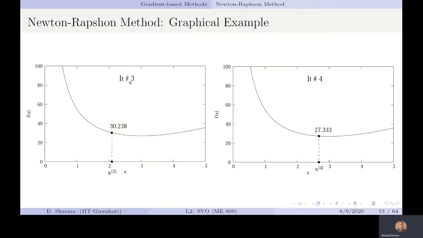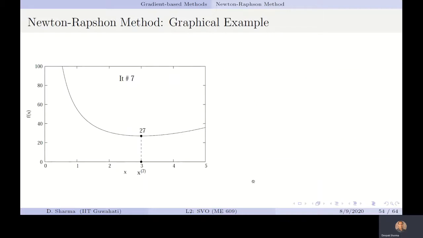In iteration number 3, again the point moves close to 3 and the objective function improves. Then in iteration 4, we are already close to the optimum, and the objective function keeps improving iteration by iteration. In the 7th iteration, as you remember, this is the point which is actually on the minimum point. So that's why the algorithm will terminate.